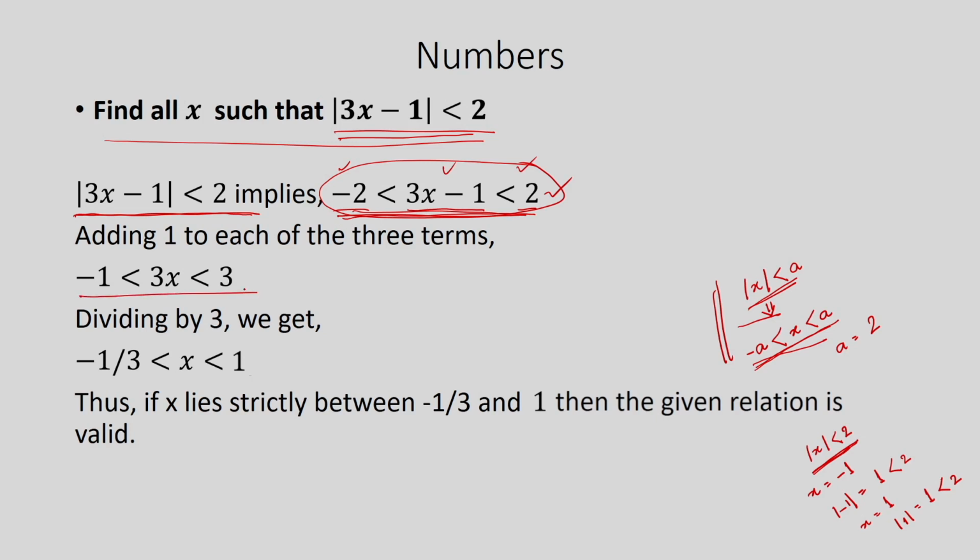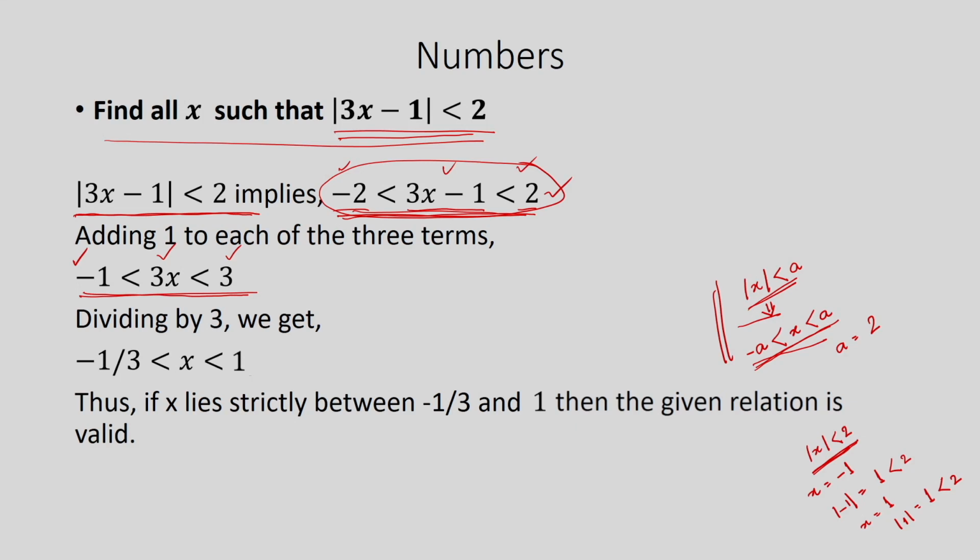Minus 2 plus 1 is minus 1, 3x minus 1 plus 1 is 3x, and 2 plus 1 is 3. So, in the end, it is minus 1 strictly less than 3x strictly less than 3. This is what we have got.